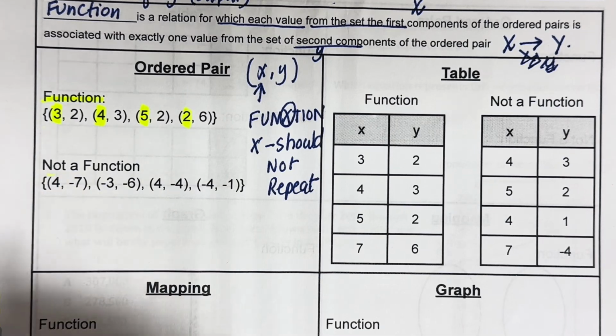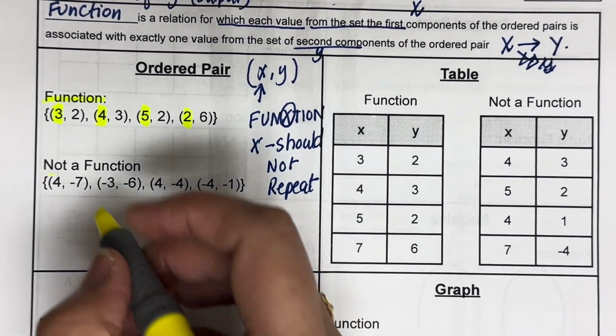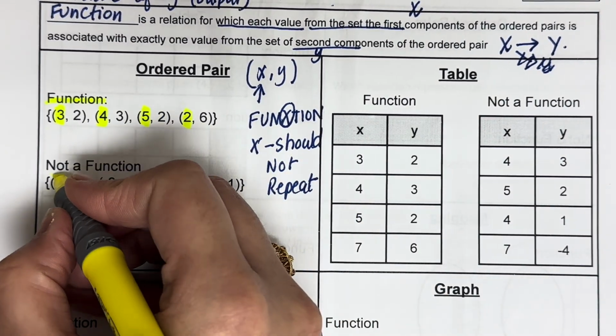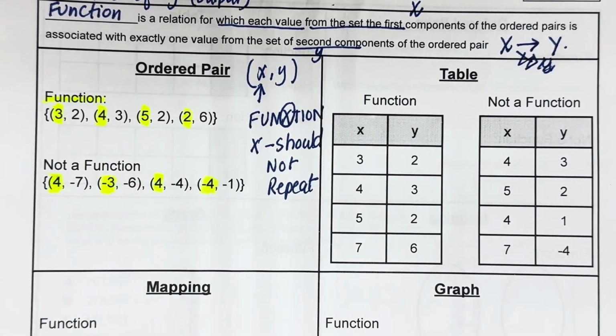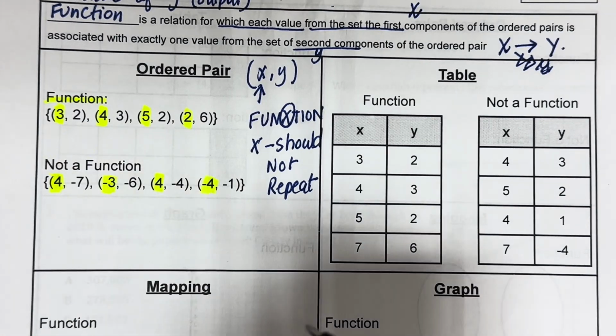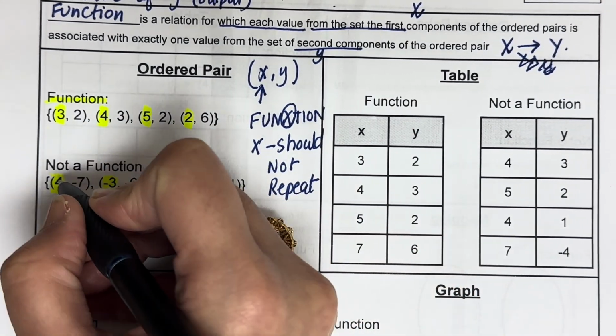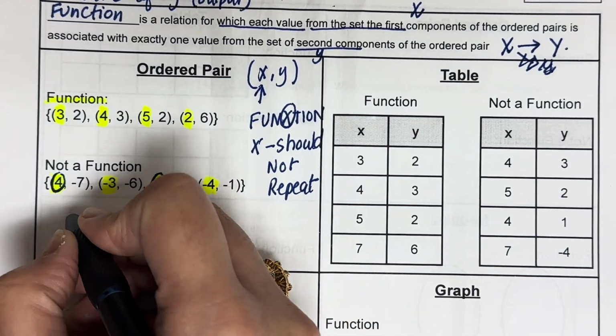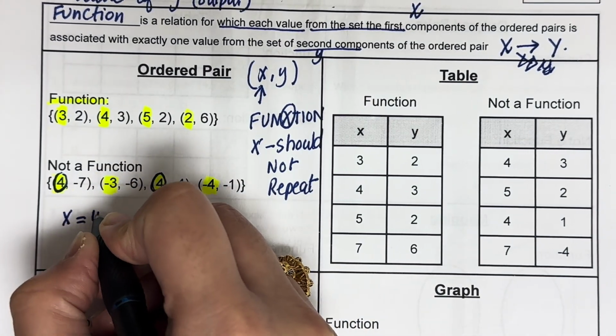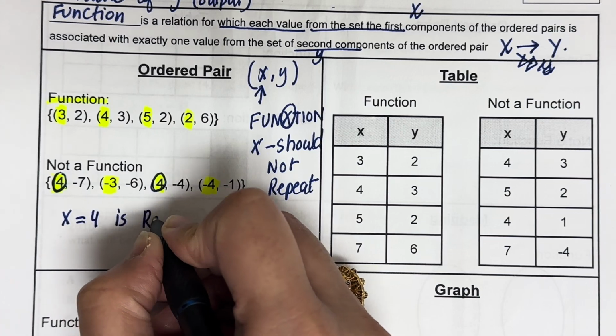If it's not a function, I should have a repeated value of x. So let's first identify our x: 4, negative 3, 4, negative 4. If you notice, 4 and 4, this is repeating. So x equals 4 is repeating.